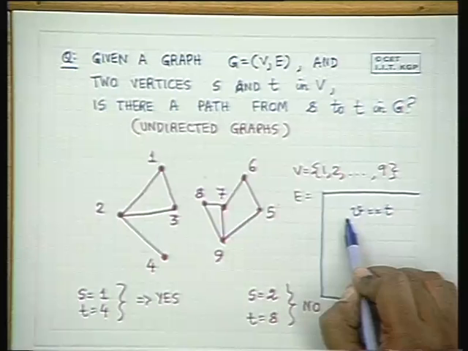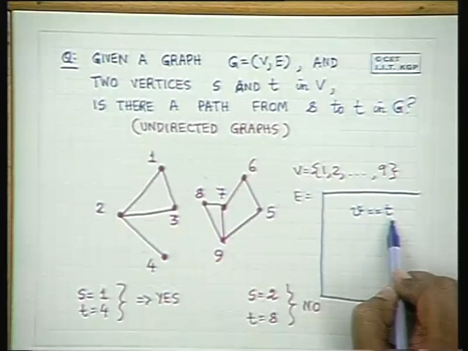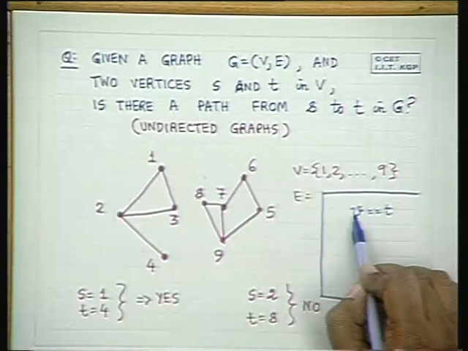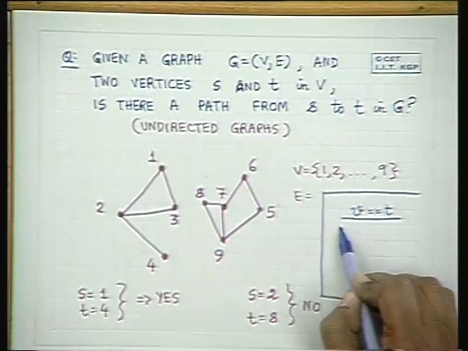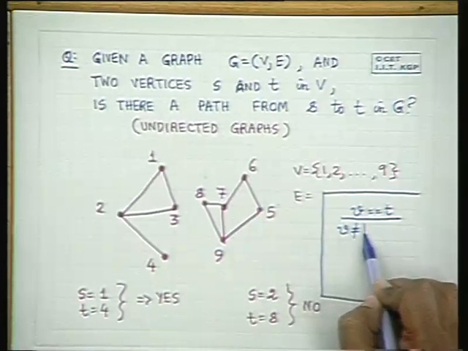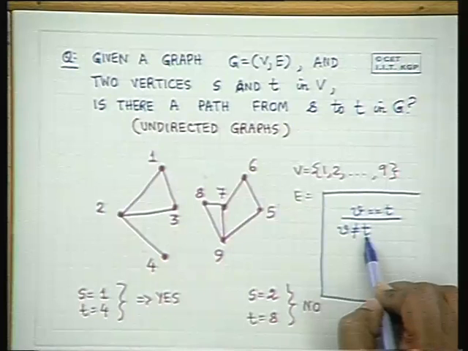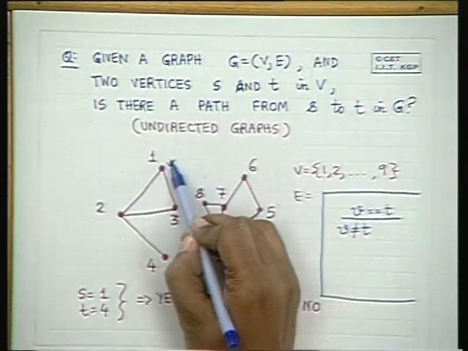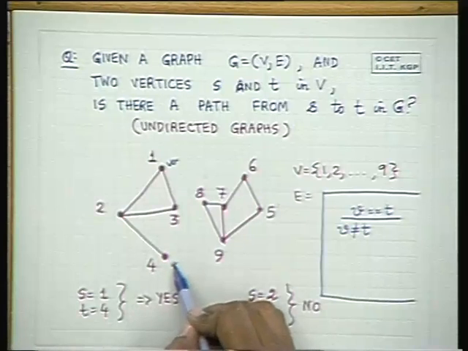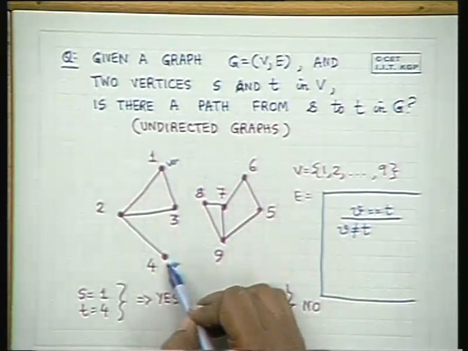Now if this is not so, then what do you say? Case 2, V is not equal to T. If V is not equal to T, then look at the successors of V. For example, suppose this is V and our goal is this. So 1 is not equal to 4.